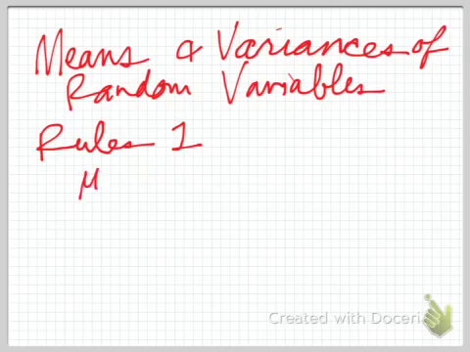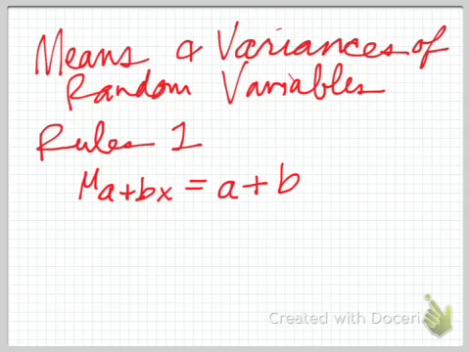So rule 1, remember, talked about the mean of a transformation either went up by, as in was added or subtracted by whatever that value of a would be, or you multiply whatever the mean was by a constant b.